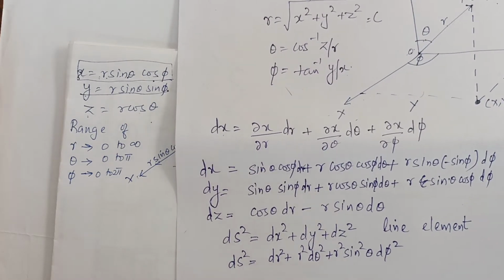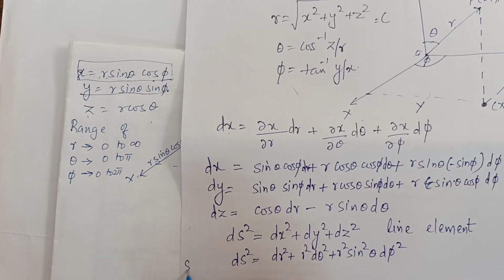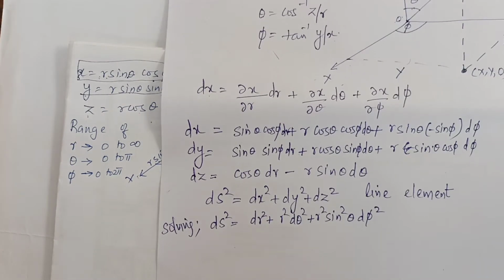On solving, we get ds square is equal to dr square plus r square d theta square plus r square sin square theta d phi square. Solving it will take a little bit of time, so I have just written the result straight away.